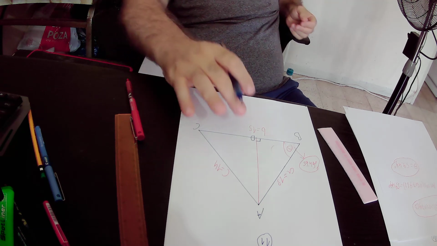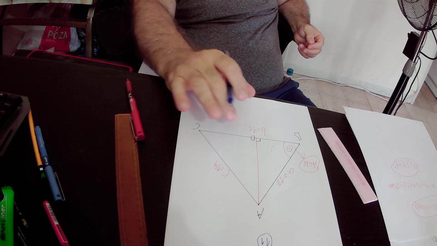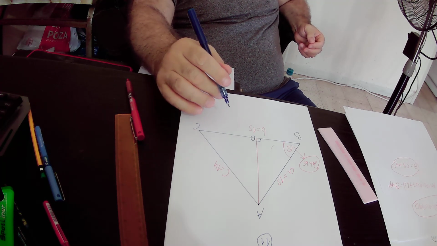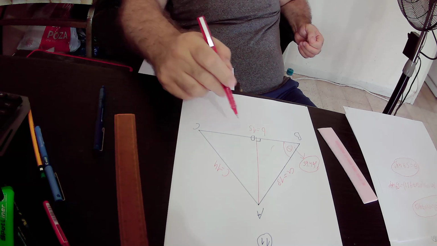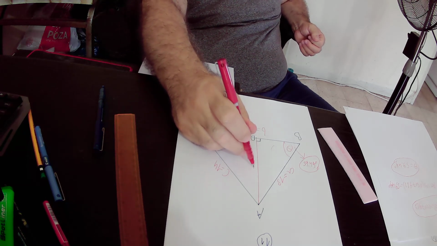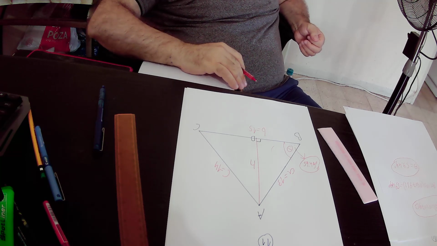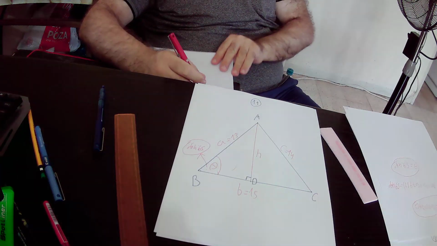So AD is actually the height of triangle ABC when the base is B. We mark the height with the letter H. So triangle ABD is a right triangle.